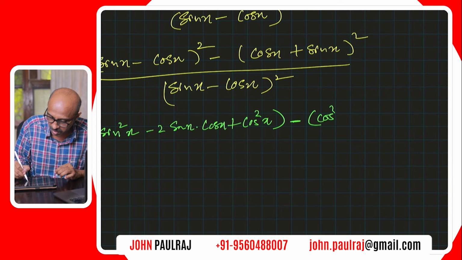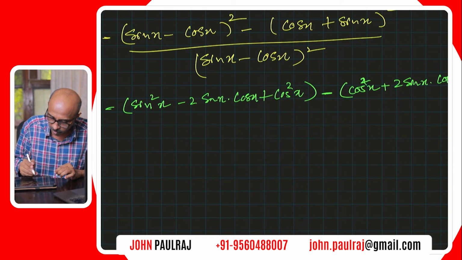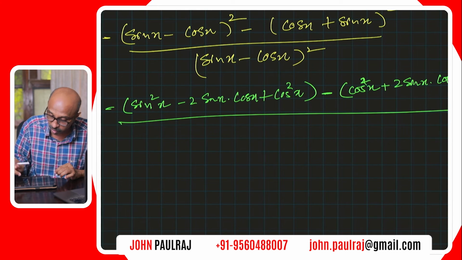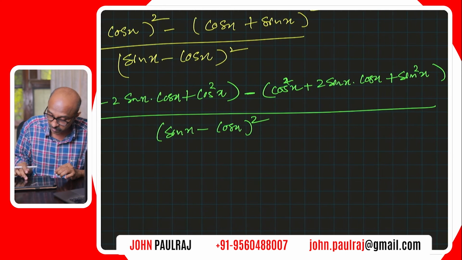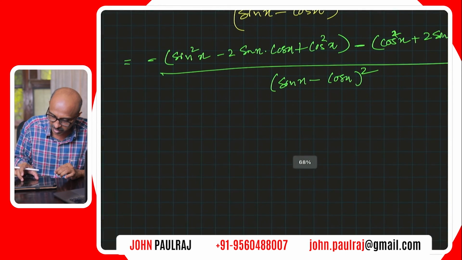That'll give us cos square x plus 2 sine x cos x or 2 cos x sine x, either way. And then you've got a sine square x. Okay, and the denominator, don't forget the denominator. Whenever it gets so long and lengthy, sometimes some terms just get ignored. So that's just sine x minus cos of x, the whole square. Okay, we can leave that because the numerator might simplify.